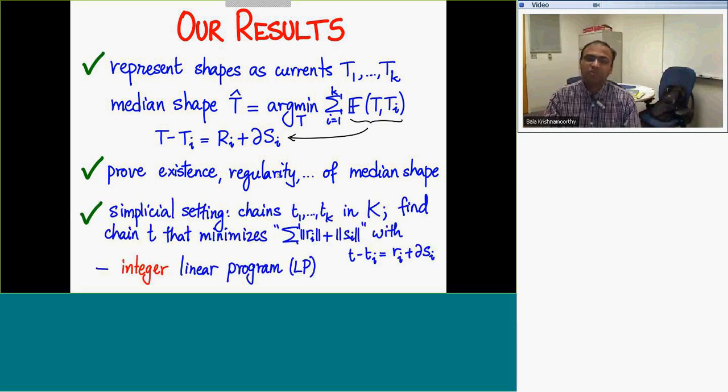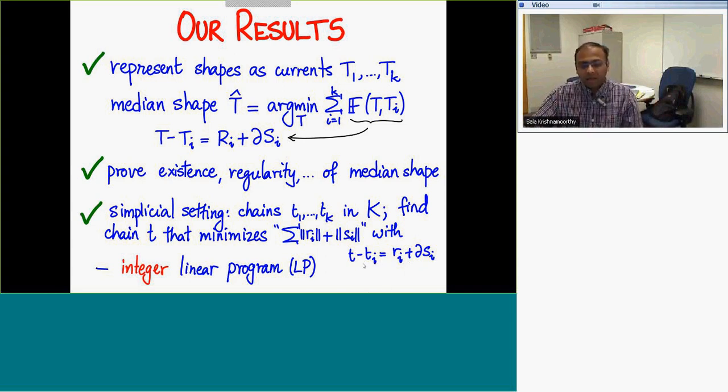But on the side, we pose the same problem in the simplicial setting. So now you have k chains of the same dimension in a simplicial complex. We want to find another chain of the same dimension which minimizes the sum of all these lengths and areas of the decompositions, all actually homology equations.